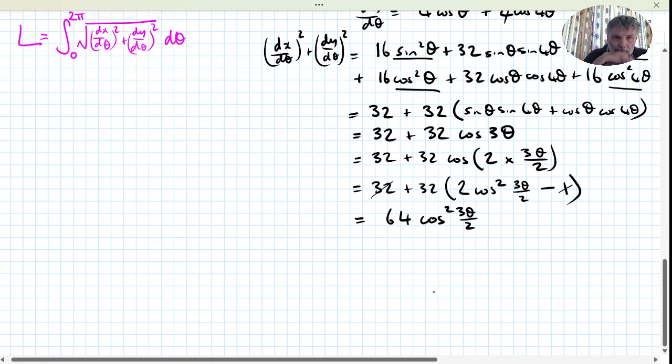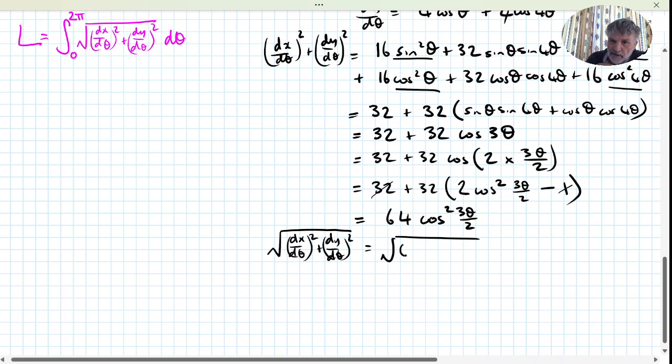Before we put it into the integration, there's one other little tricky and important thing, which is often, unfortunately, overlooked by the examiners in some of the NCEA examinations. We want to take the square root of this. That's the square root of 64 cosine squared 3 theta over 2.